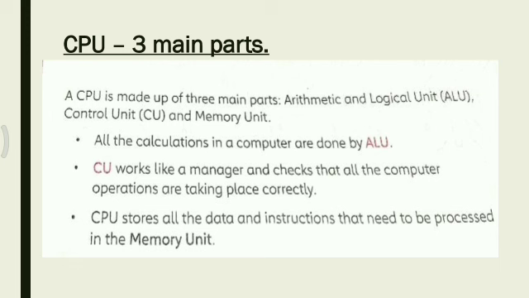All the calculations are done over there. And what is the use of CU? That is the control unit, which works like a manager and checks that all the computer operations are taking place correctly. CU is overall controlling and checking the arithmetic or calculating operations.